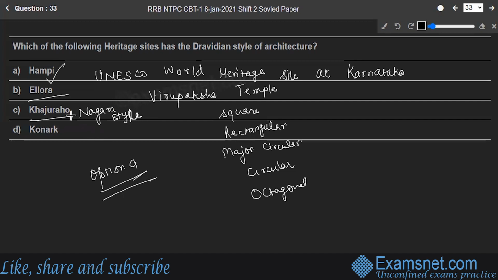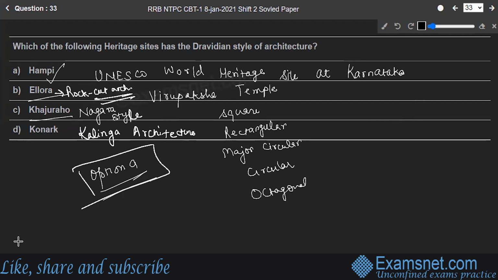They are best known for the erotic sculptures that adorn the temple walls. The Sun Temple in Konark exhibits the traditional Odisha style of architecture, also called Kalinga architecture. These are rock cut architecture. So option A is the correct answer to this question.